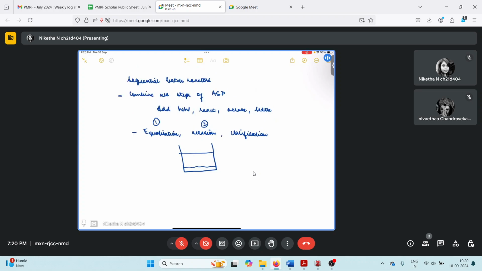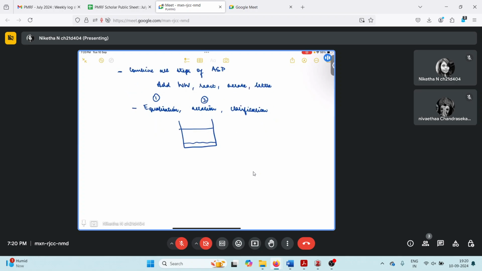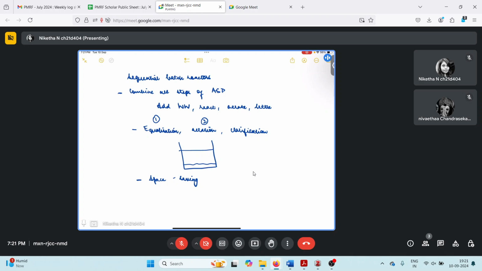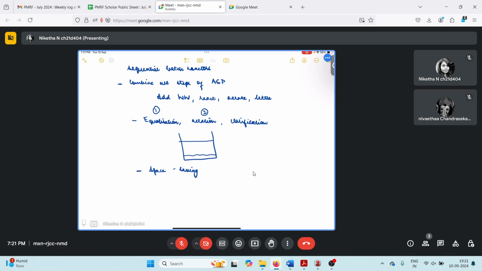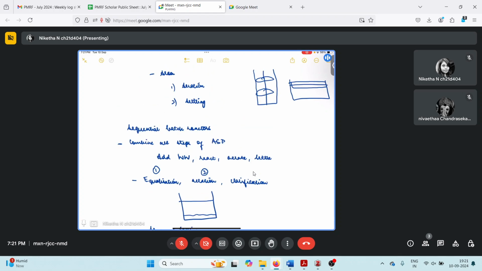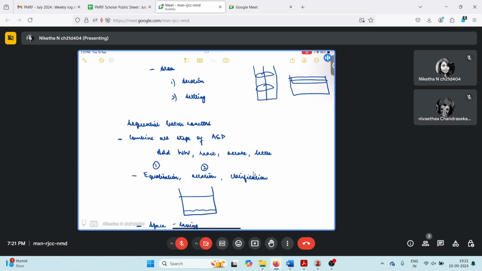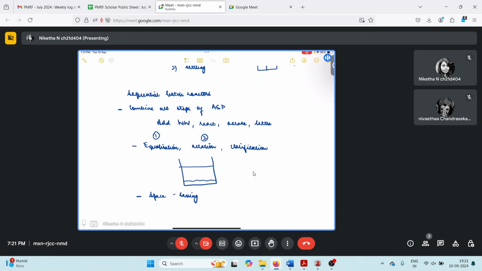So the advantage of this process is that it is space saving, because instead of two tanks we are doing everything in a single tank. It's just that you need sufficient time. So in an ASP process, the aeration will happen simultaneously, reaction will also happen simultaneously. But here in this sequential batch reactor, we have to first equalize, and that will take some time.